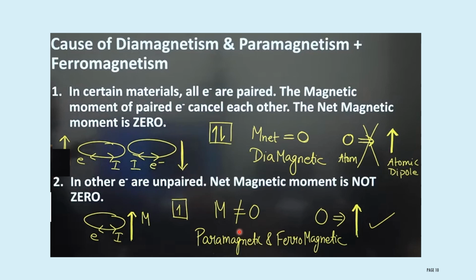You can observe this in paramagnetic and ferromagnetic materials because they contain unpaired electrons. Therefore, the magnetic moment in paramagnetic and ferromagnetic materials is not 0, and you can observe an atomic dipole.